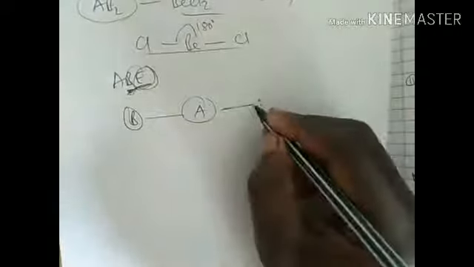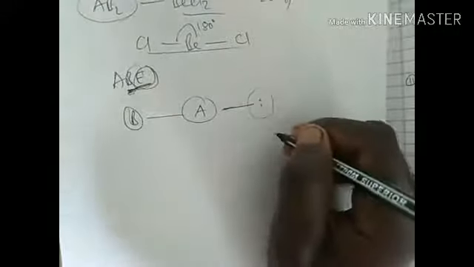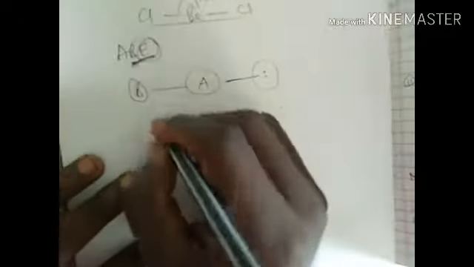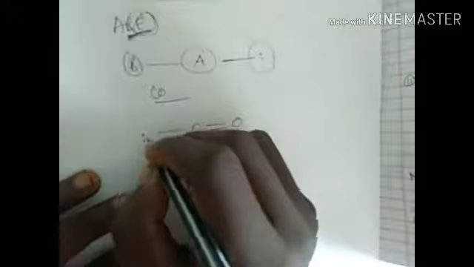So in this case the lone pair can be removed here and will not affect anything. Our example here is the carbon monoxide molecule, and in carbon monoxide we will have one oxygen, and then we will have a lone pair.